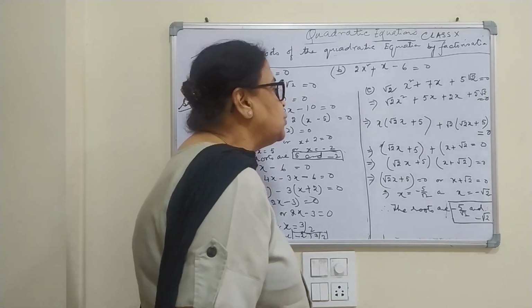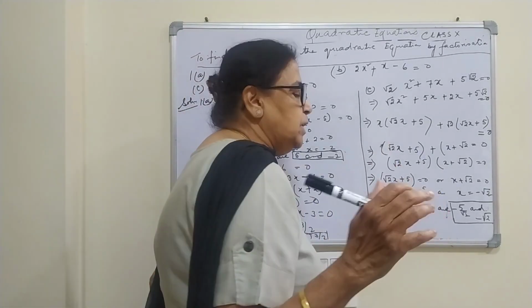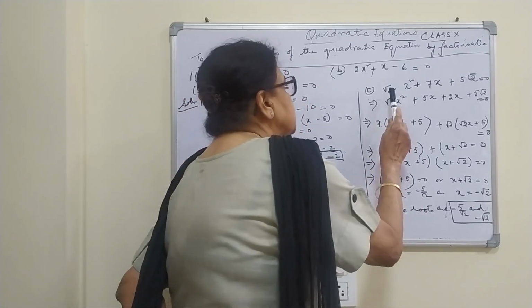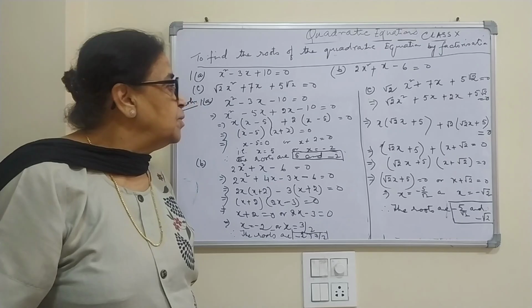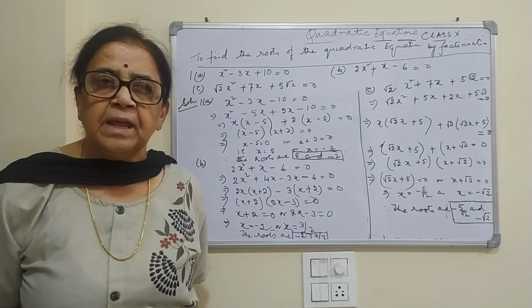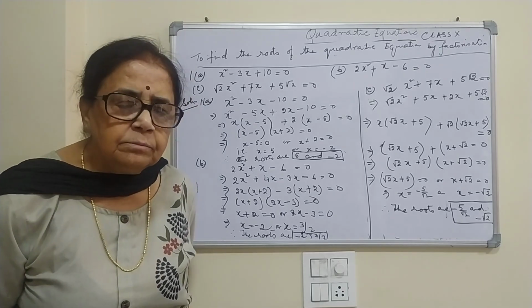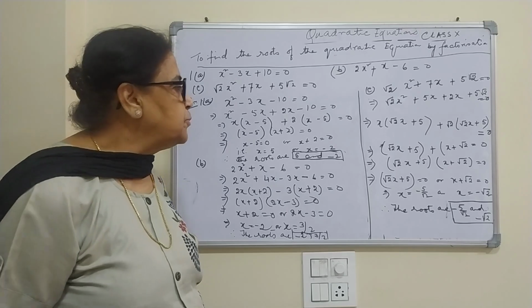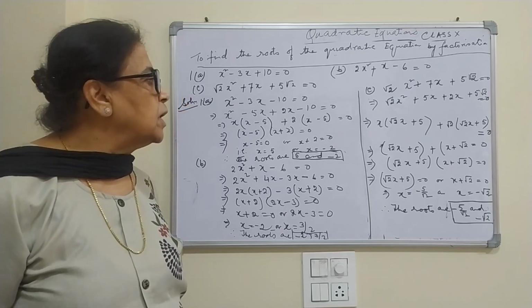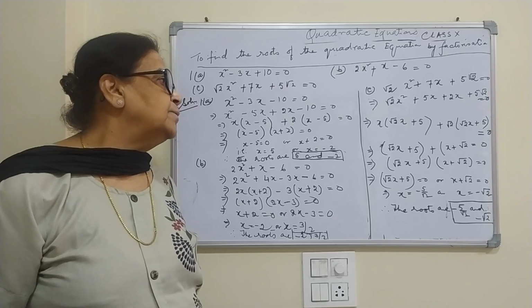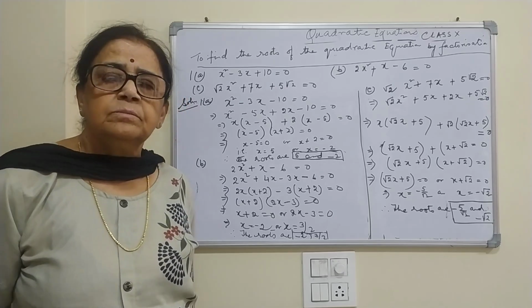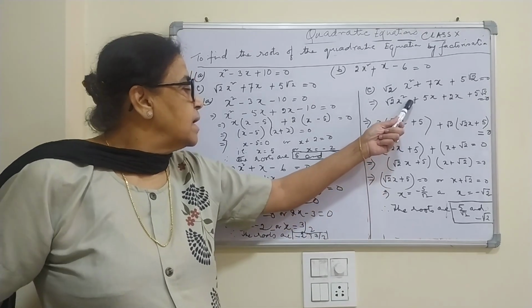So it is root 2 into 5 root 2, how much? That is 10. I want 7 from 10. 5 twos are 10. So 2 root 2 x square plus 5x plus 2x plus 5 root 2 is equal to 0. Yes, this one.